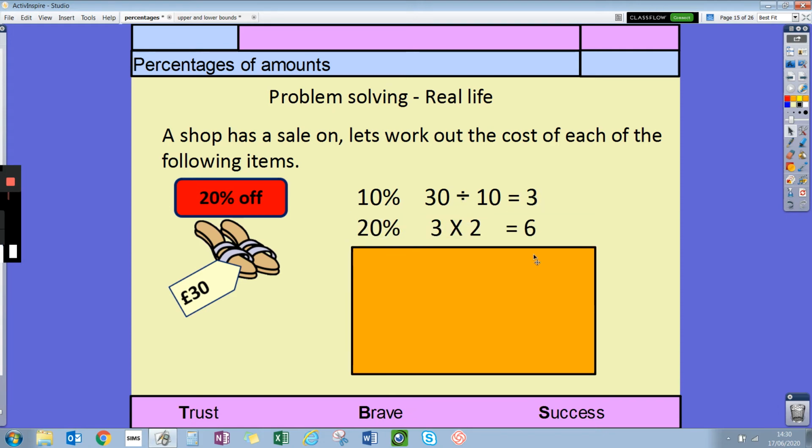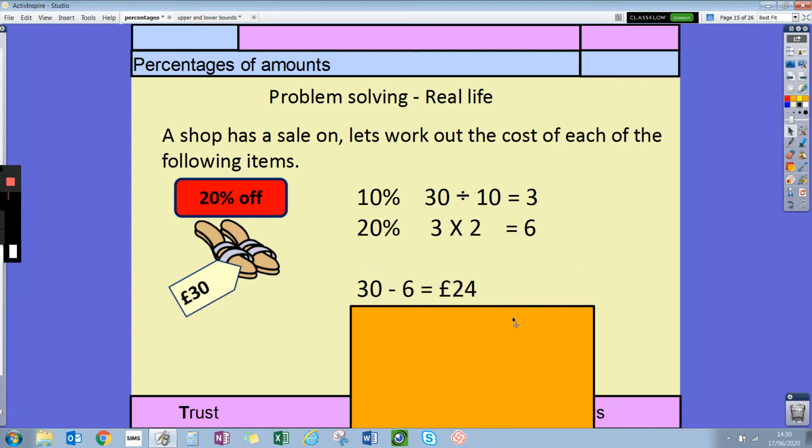So 20% will be 2 lots of that 10%, which is 6. Because it's asking us for the cost of the items in the sale, that's how much they're reduced by. So we're going to have to take that 6 off to know the cost in the sale. So 30 take away 6 is £24.